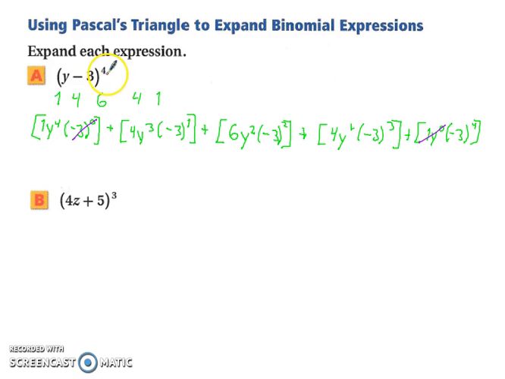So now we can simply simplify each one of our set of brackets here.